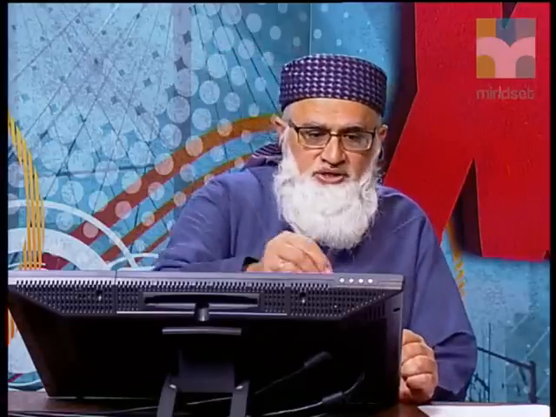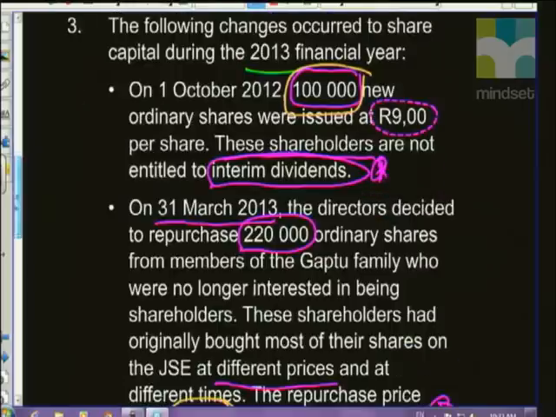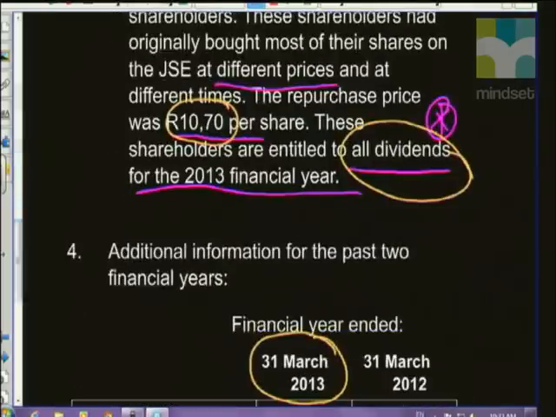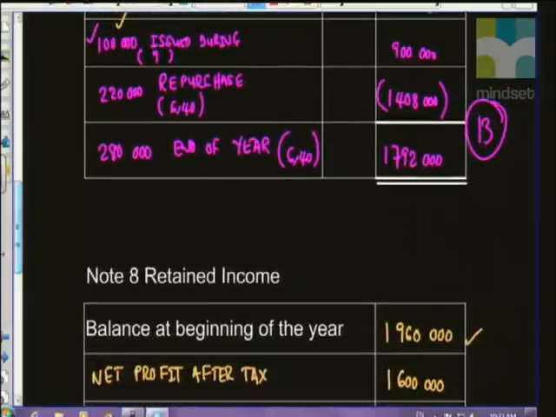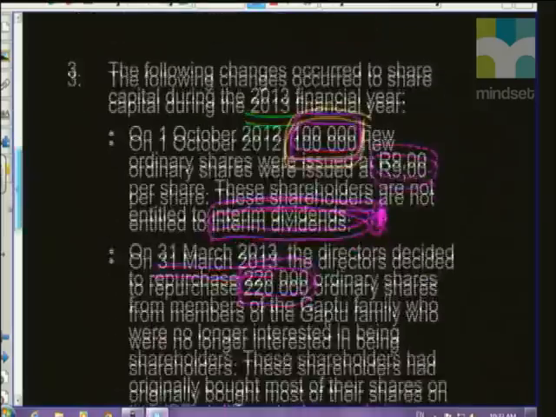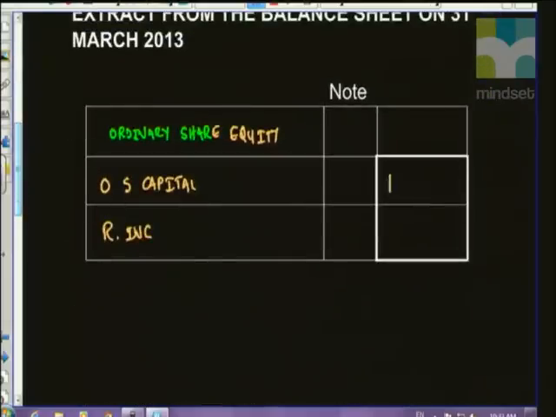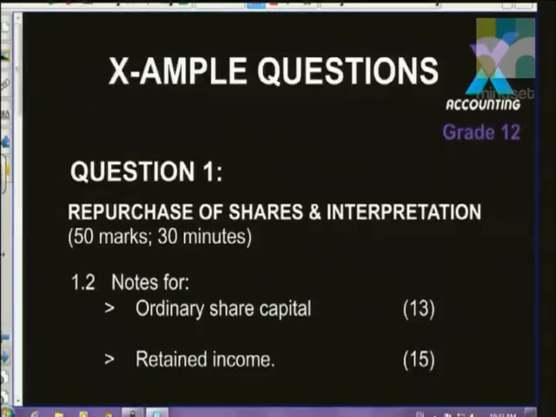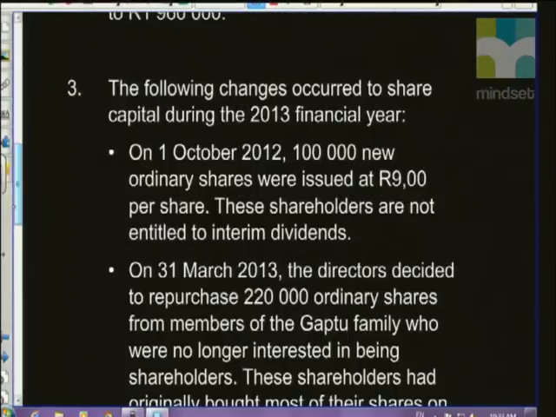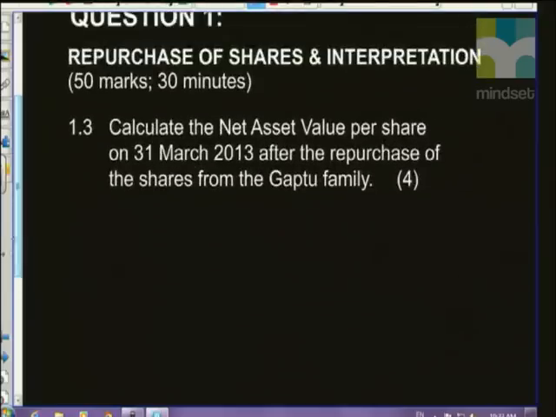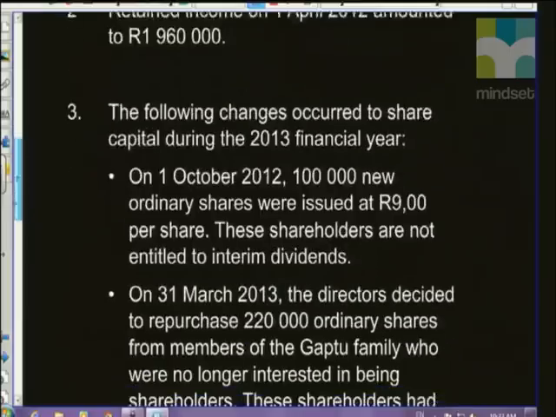Right, what was my ordinary share capital? If you recall, we completed that note, and my ordinary share capital was 1,792,000. And what was my retained income? Let's get to our retained income.